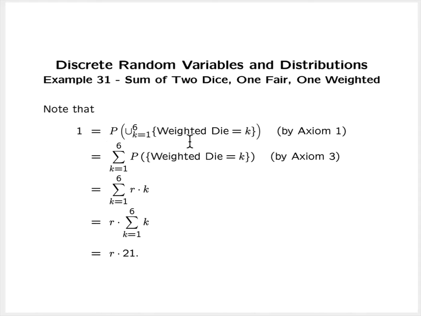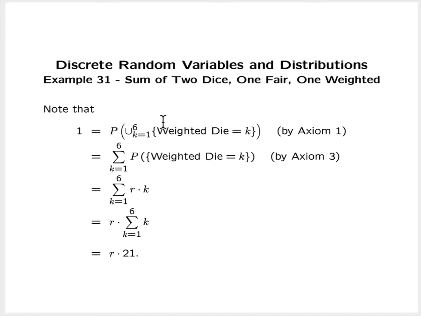These events are the weighted die being equal to 1, or the weighted die being equal to 2, or the weighted die being equal to 3, and so forth up to 6. That constitutes the sample space for that particular die, the weighted die. So that exhausts all the possibilities.